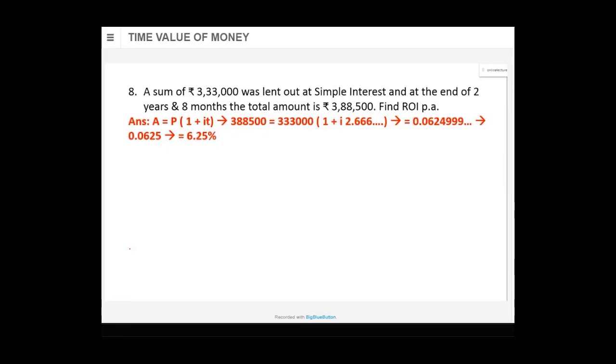A is equal to P in bracket 1 plus IT. That is 3,88,500 is equal to 3,33,000 in bracket 1 plus I into 2.6666. I said dot dot dot. So as many 6s as you can take on a calculator, you should take it.